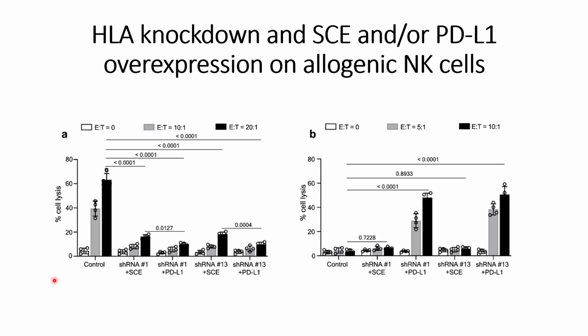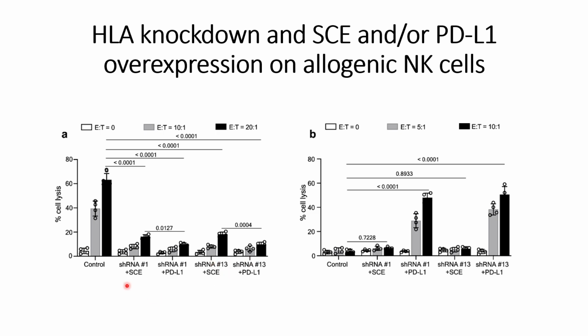So what the result shows is that for the control, where they use the untransduced allogenic NK cells, they see the maximum cell lysis, and with the HLA knockdown using shRNA1 and shRNA3, they see a minimum cell lysis. However, the cell lysis increased when they overexpressed SCE or PD-L1, but the increase is higher when SCE is overexpressed.